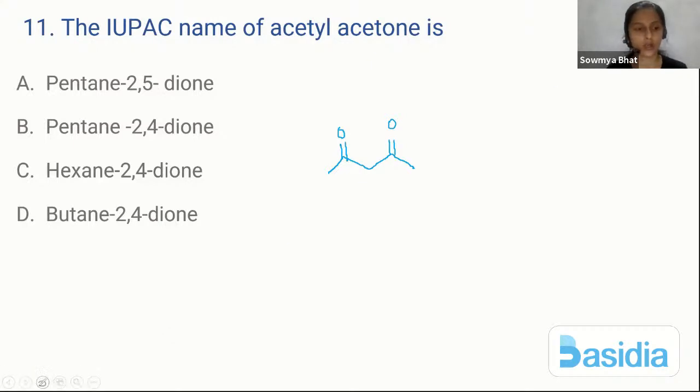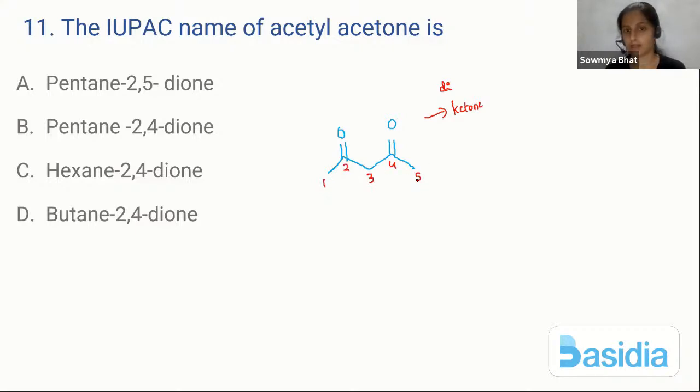How are you going to select the chain? Since the double bonded O, that's a ketone group. So first you see the functional group, that's a ketone. And there are 2 ketone groups. So dione should be there because it is repeating. Now you just have to number it. 1, 2, 3, 4, 5.